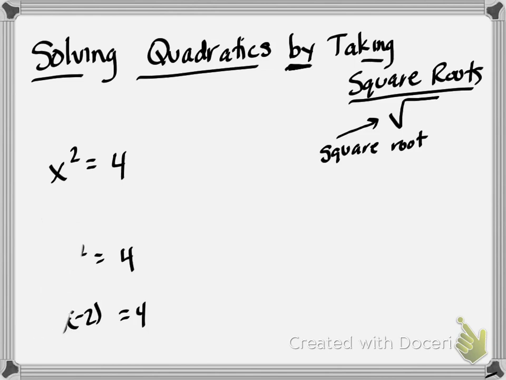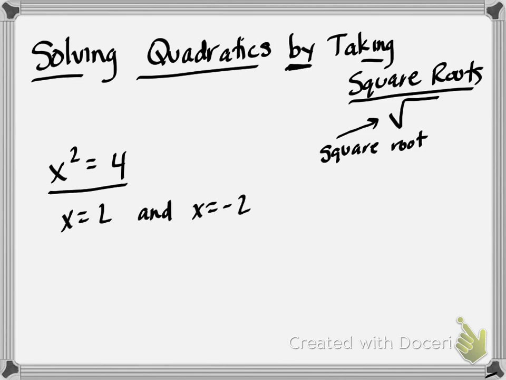One maybe quicker way to do this, instead of just thinking in your head, I mean, you could do mental math too, is to say, okay, from this point I would have x equals 2, and just to make sure I get both answers, I want to put the negative 2 there also. And then you would have that as your answer. You're just using mental math.